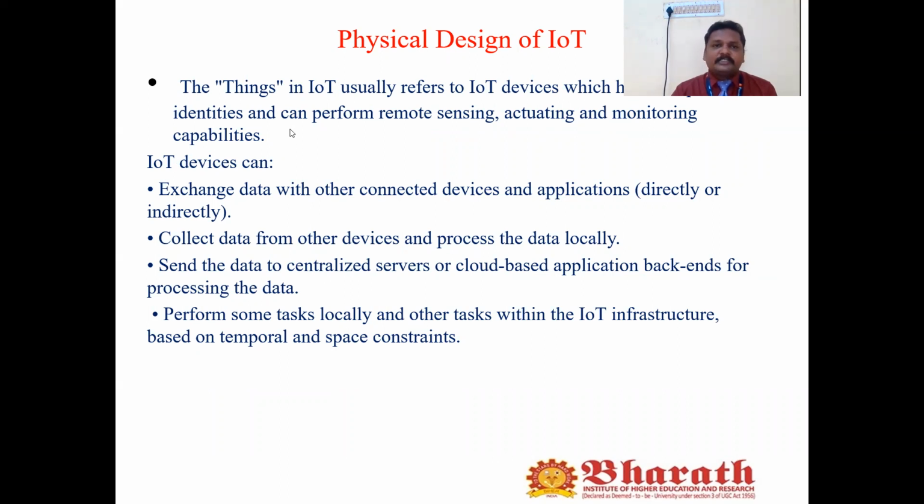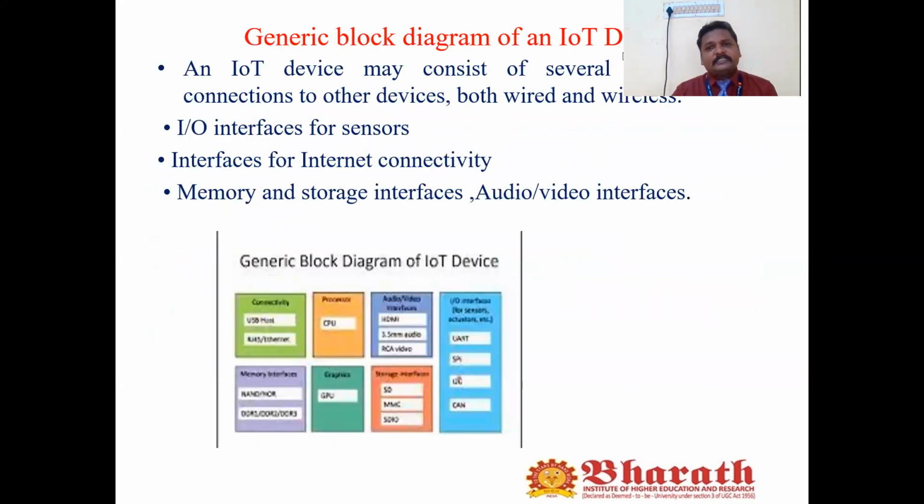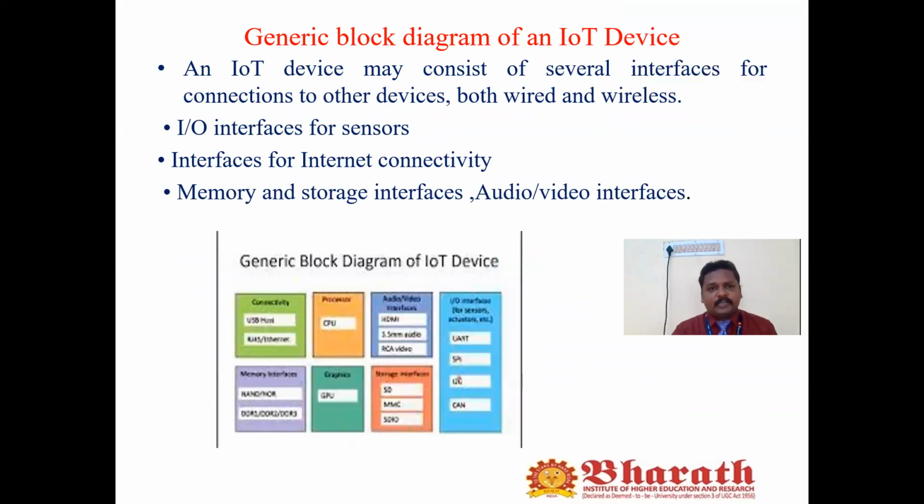The IoT devices exchange data with other connected devices and also applications, either directly or indirectly. They collect data from other devices and process the data locally. Okay, so this is what an IoT device can do. Then this is the generic block diagram of an IoT device.